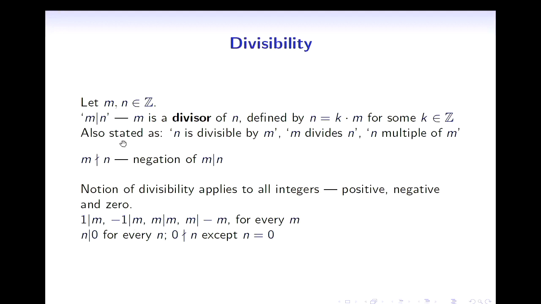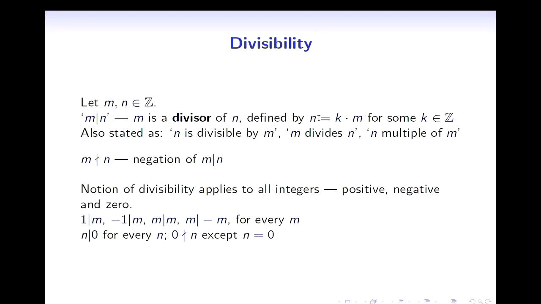The standard notation for saying that m is a divisor of n is to use this vertical bar between m and n to say that m is a divisor of n. And the definition of being a divisor means that you can obtain the number n by finding a third integer k, so that k times m equals n.